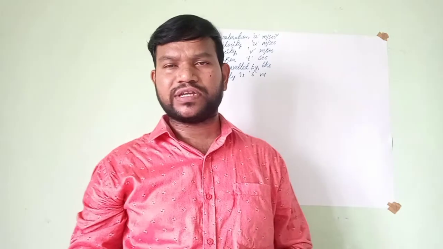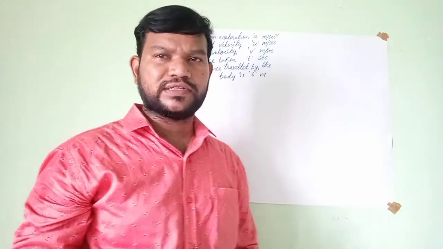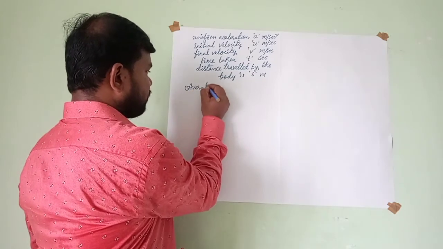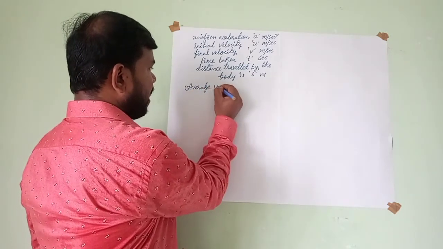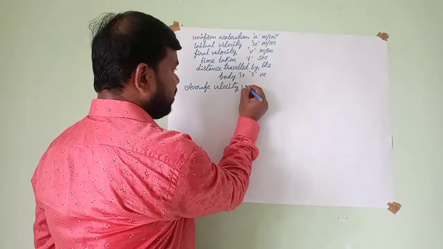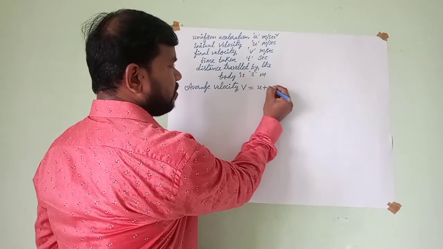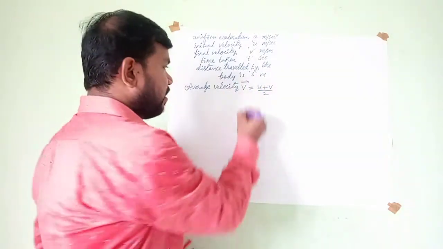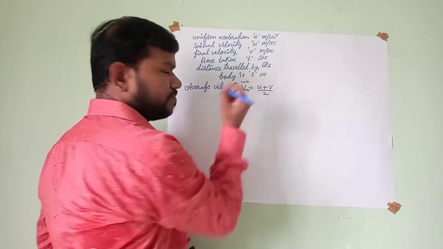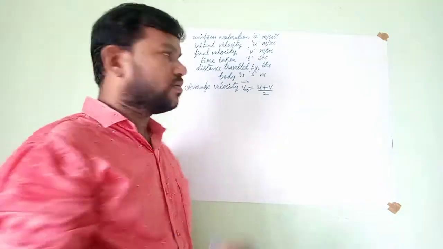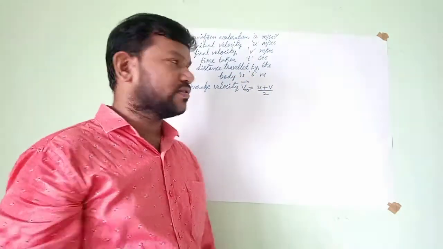Please remember, students, I am writing here: average velocity V is equal to initial velocity plus final velocity by 2. For our convenience I am writing V_avg. V_avg means average velocity, which is equal to (u + v)/2.